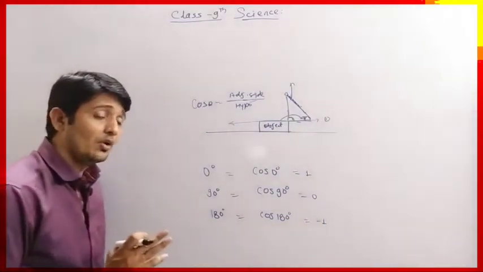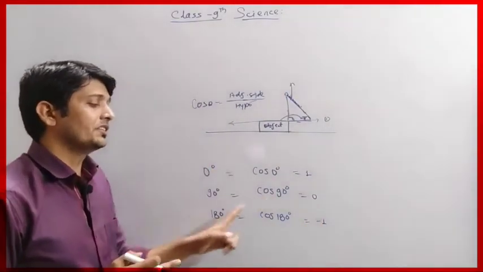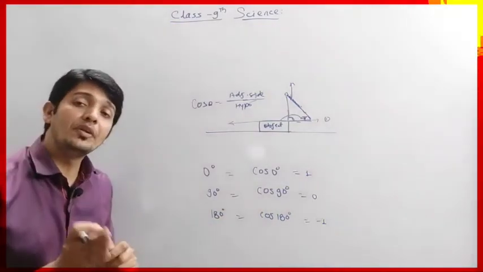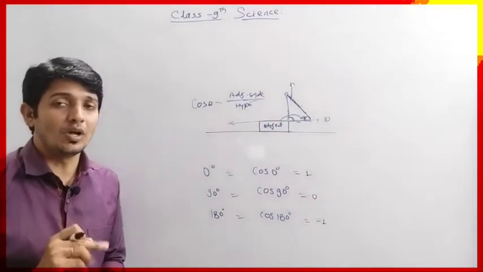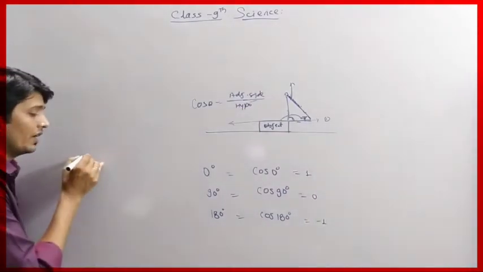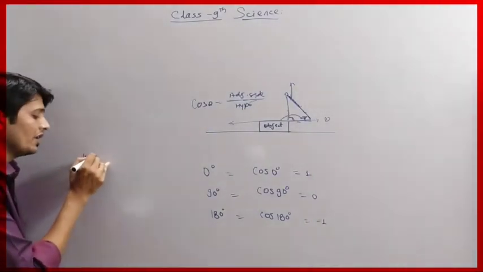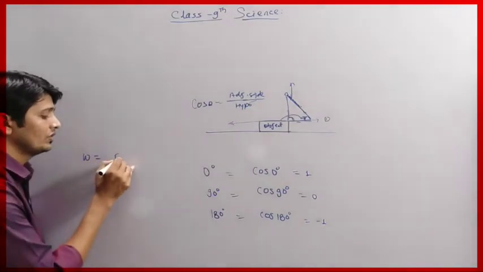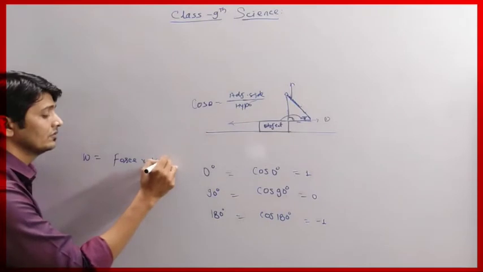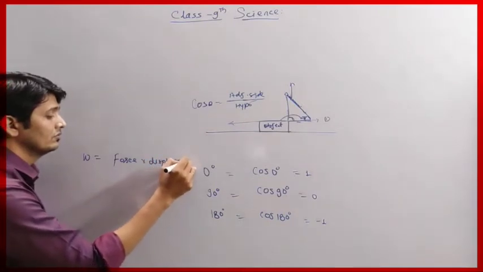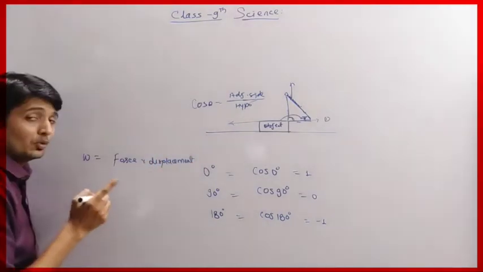Now we will relate all these things with the formula we derived in our previous video, the work done formula. What is the work done formula? Work done, W equals force into displacement.